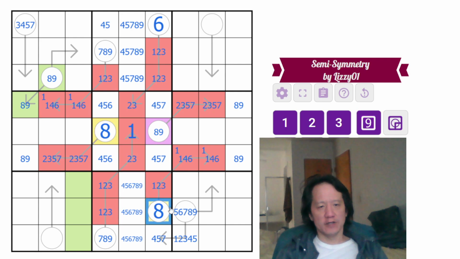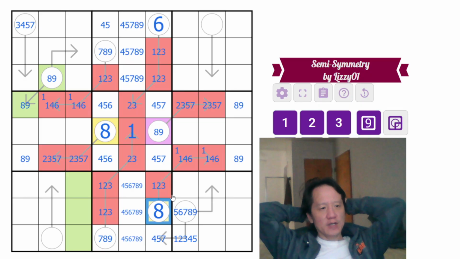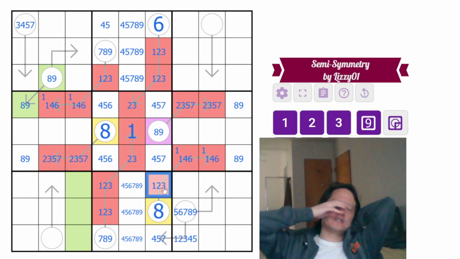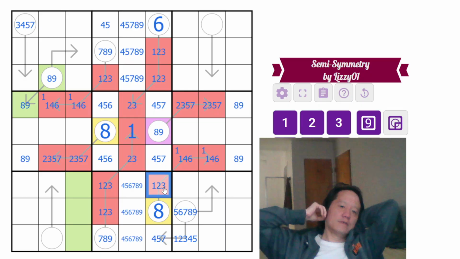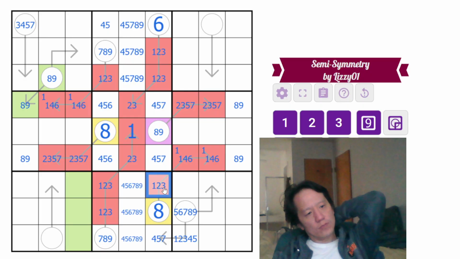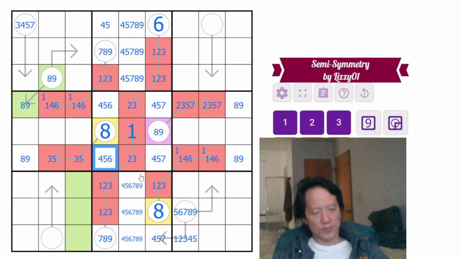Can this be 8 is the question that I was thinking of, right? If it's 8, that means these 4 and this must add up to 16. We then know, okay, so if this is 8, this has to be 3, 5.